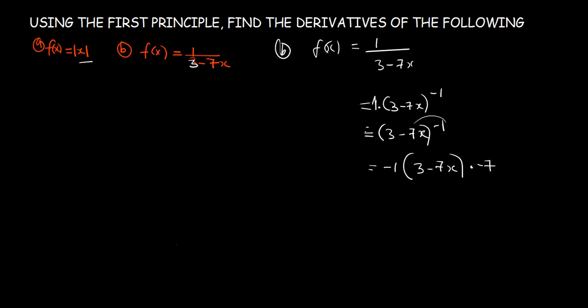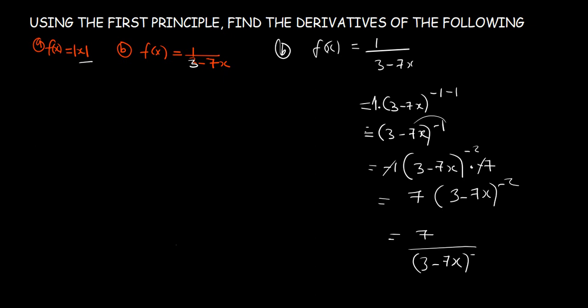So that will give you negative times negative, that is positive, so it will be positive 7. Then here it will be negative 2 once you subtract 1, so that will be 3 minus 7x to the power negative 2.